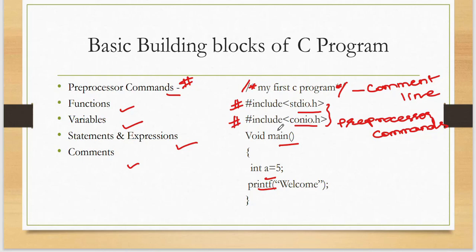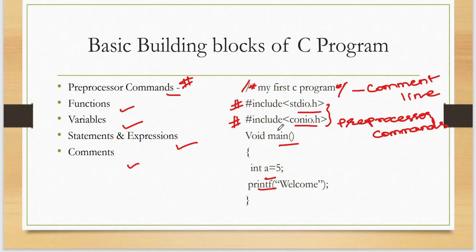For example, if you want to arrange an annual day function, you will make a checklist. The first is the arrangements, the second is the dance program, the third is the chief guest, and the fourth is the thank you. Then we follow that sequence one by one and complete the program.